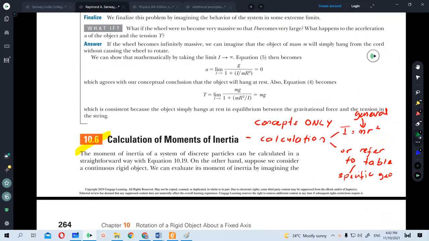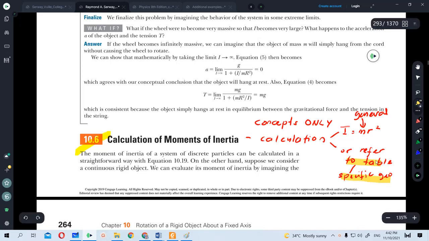Now for 10.6, calculation of moment of inertia was only about the concept. However, with the additional example just now, we discovered how the technique is done. Let me simplify it. If you have a specific geometry, you have to refer back to the table. Where do you get the table? In the exam, we will give it.